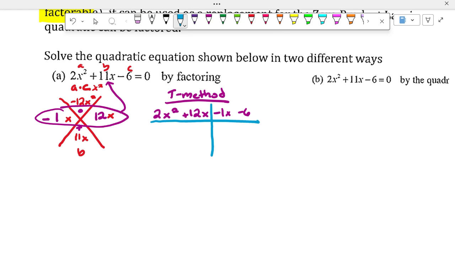What's the GCF of the first group? x and 2. Both can be divided by 2, both can be divided by x. So when I take out the 2x, or divide both terms by 2x, what am I left with? x plus 6.